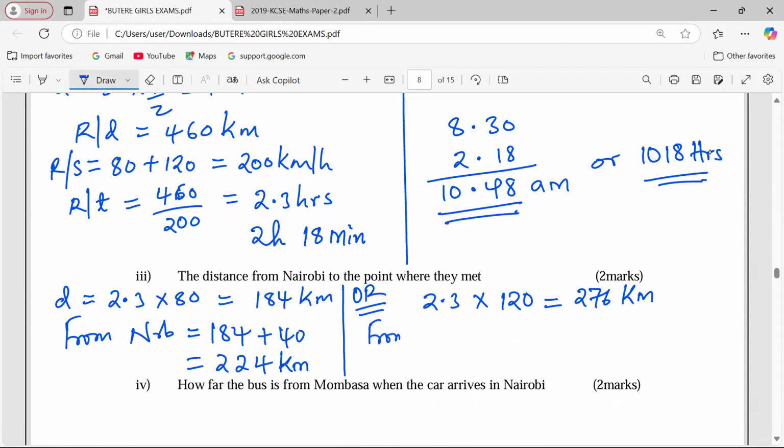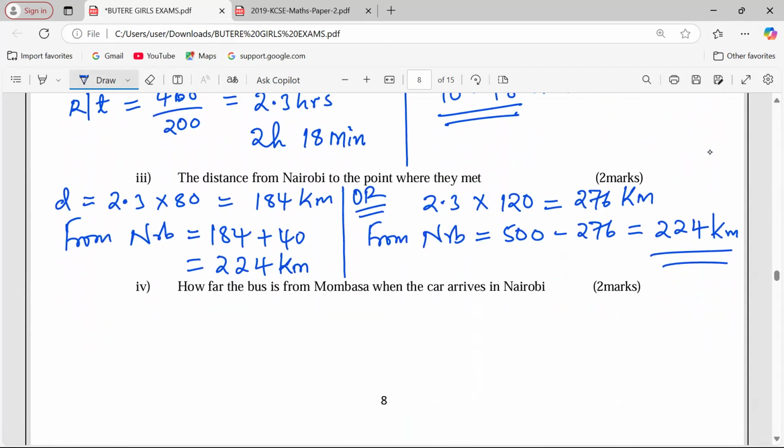So the distance to this meeting point from Nairobi will be given by the total distance of 500, and we subtract what the vehicle from Mombasa has covered, 276. When you subtract this, you get 224 kilometers. So you may consider any of the vehicles. You will still be awarded your marks. So that's how we play along in such a question.